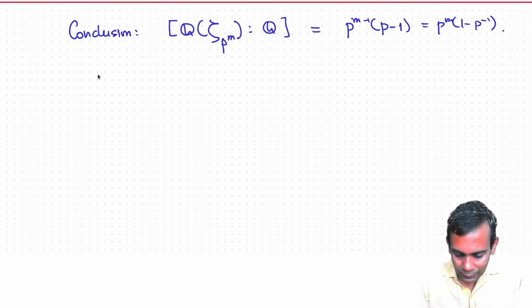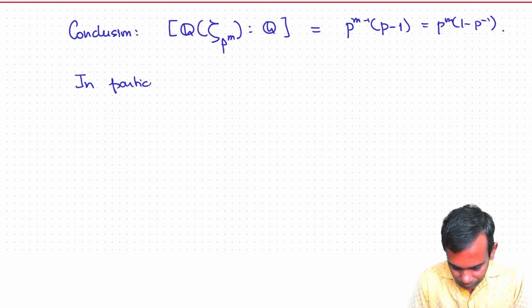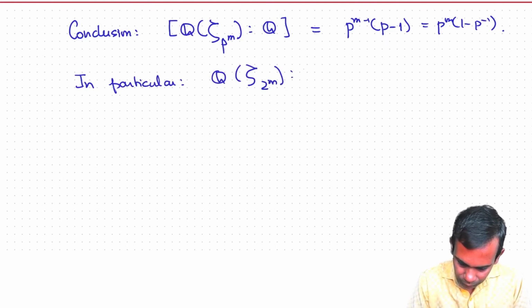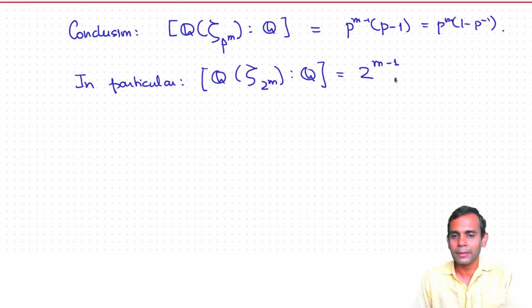In particular, if you take powers of 2, then you just get 2 to the power m minus 1. The p minus 1 part goes away.